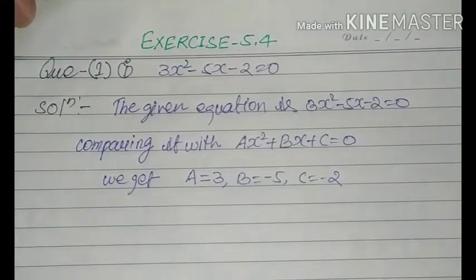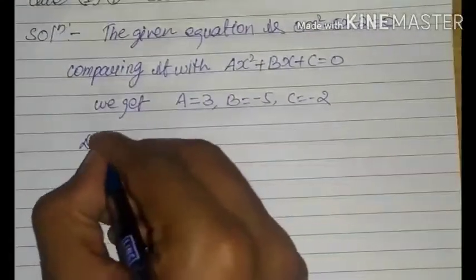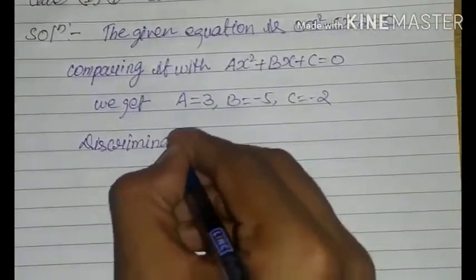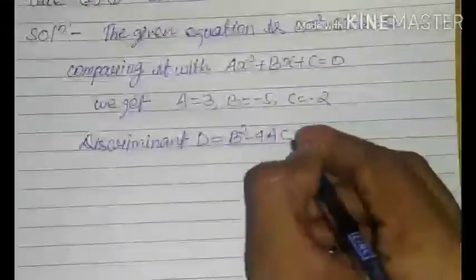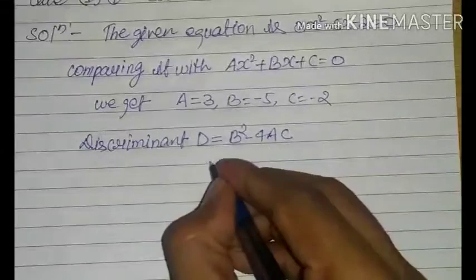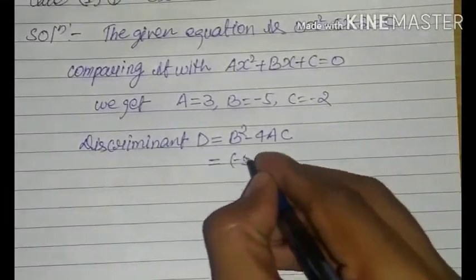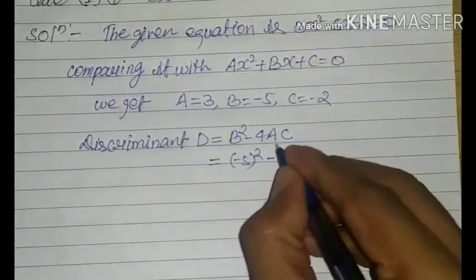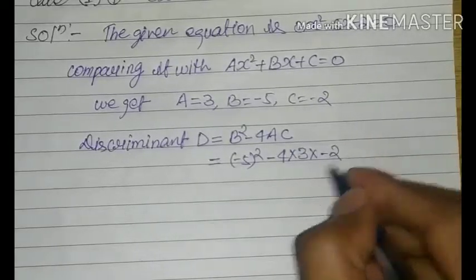Okay, and as we know, the formula of discriminant denoted by D is equals to b square minus 4ac. Then I am going to put the values of a, b and c. Then here will be minus 5 square minus 4 into the value of a is 3 and the value of c is minus 2.